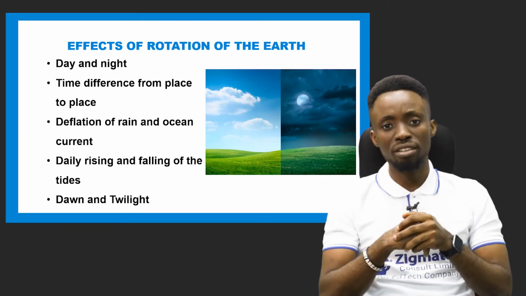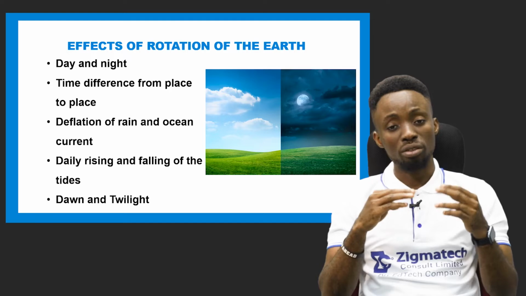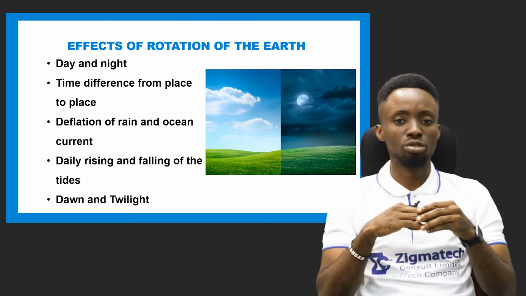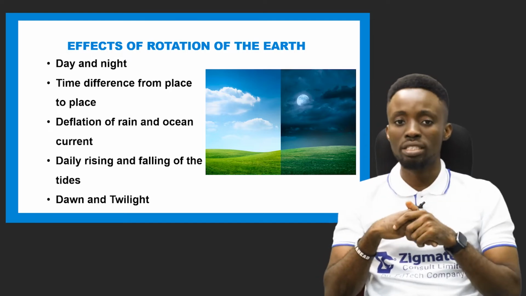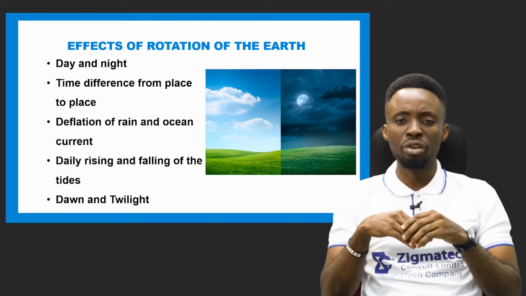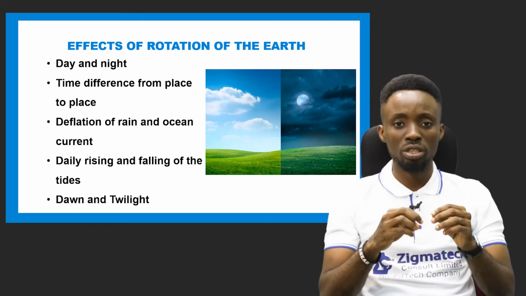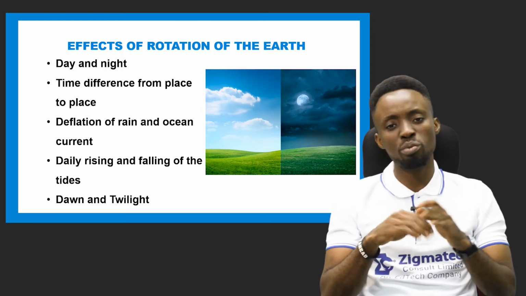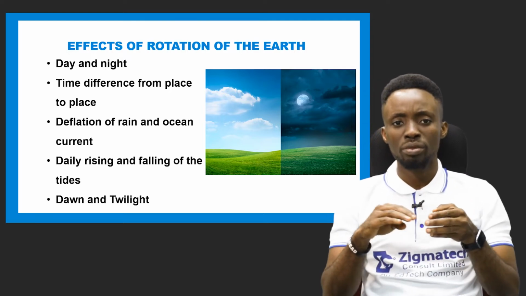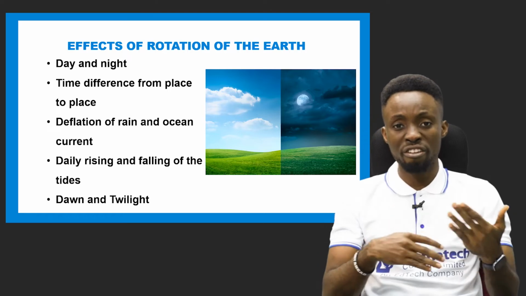And the last effect of rotation we have is that it brings about dawn and twilight. Now, dawn is actually a brief period before morning, that brief period of darkness we do experience before morning. And twilight is the reverse of it.